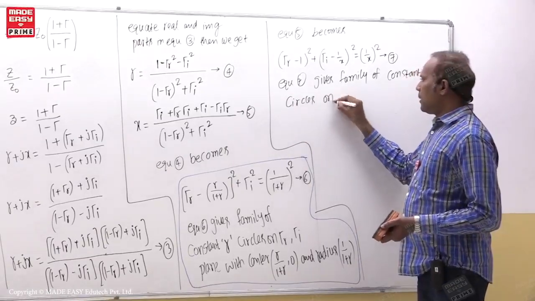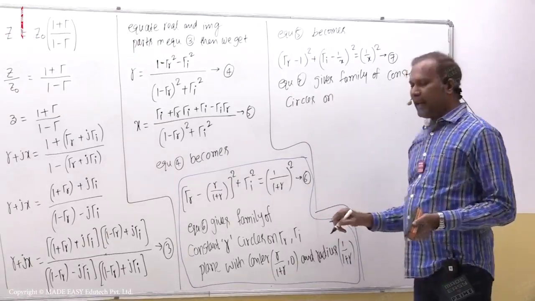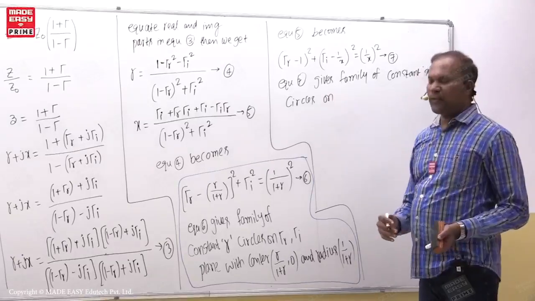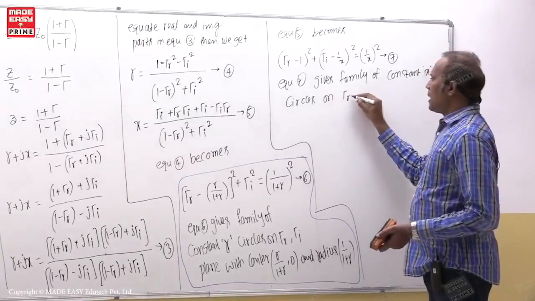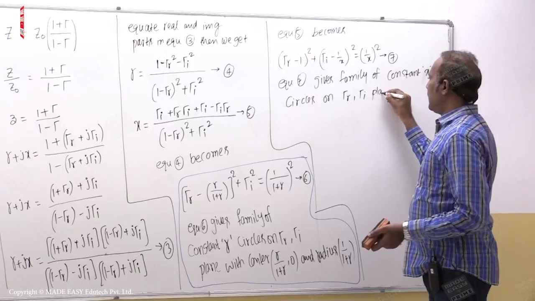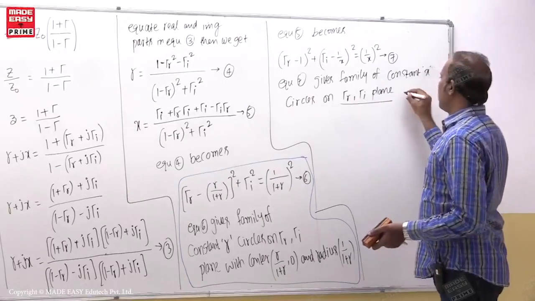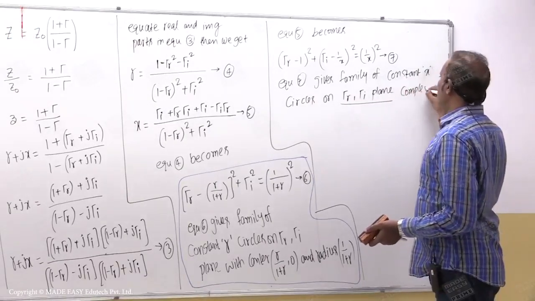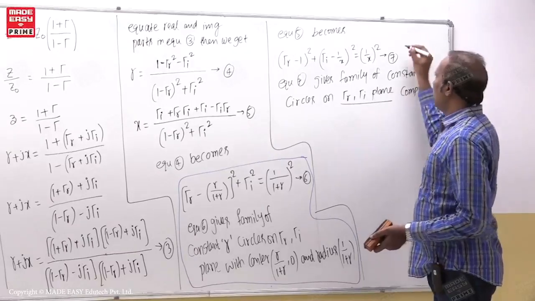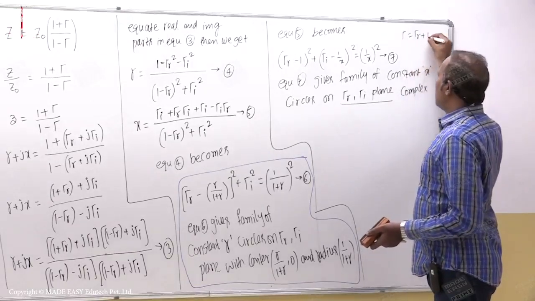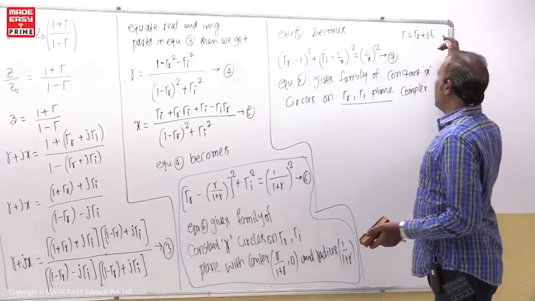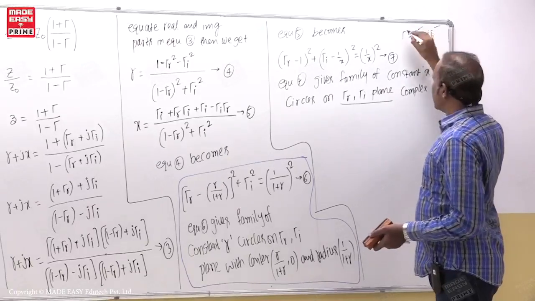circles on gamma r comma gamma I plane, that is also called the complex reflection coefficient plane. This is called complex because gamma is equal to gamma r plus j gamma I. So gamma r gamma I plane means that is the gamma plane only.